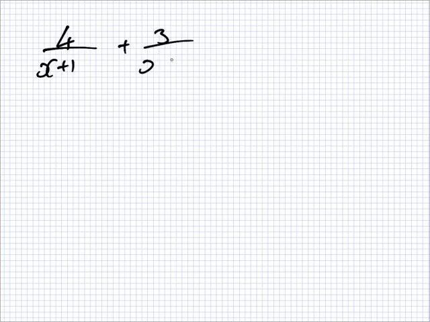Right. So, what we're trying to do today, for example, is let's go back one step. Suppose we had to do something like this: 4 over x plus 1 plus 3 over x plus 2.